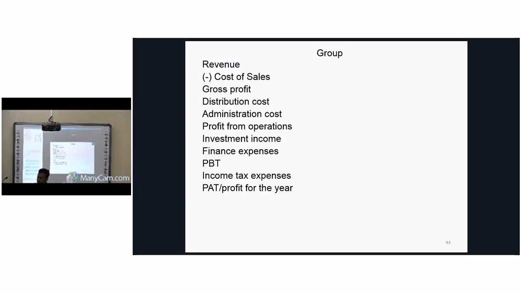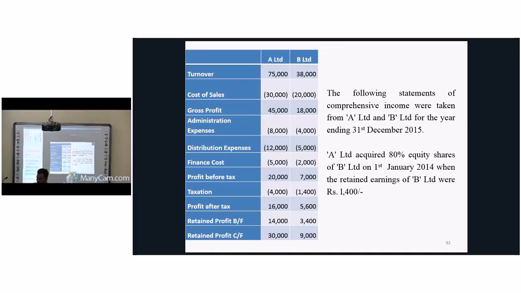Therefore, how much should revenue be? 75 plus 38.